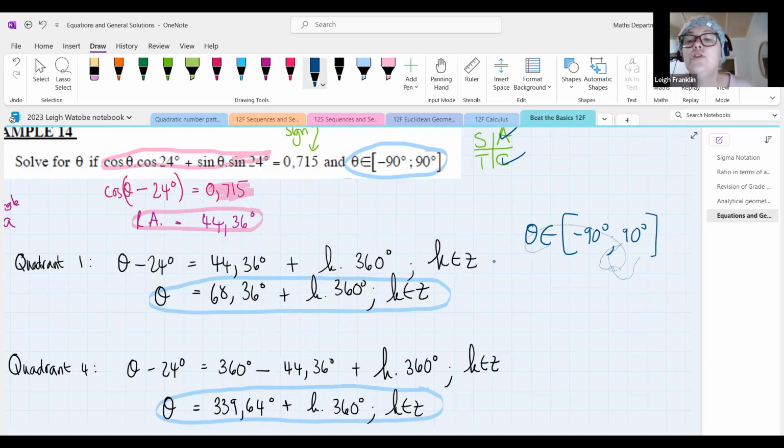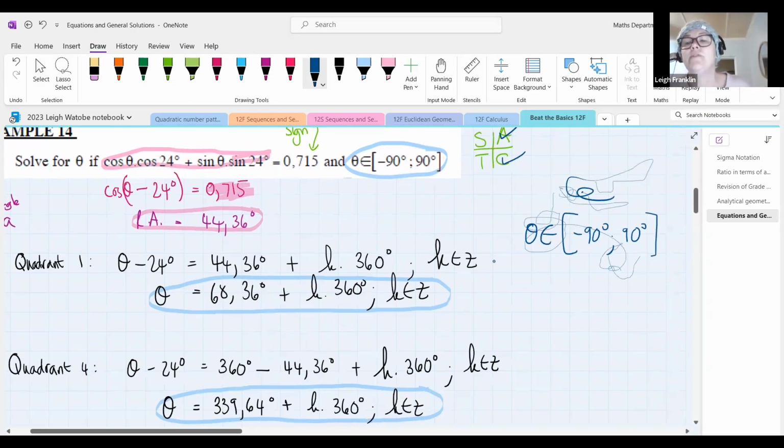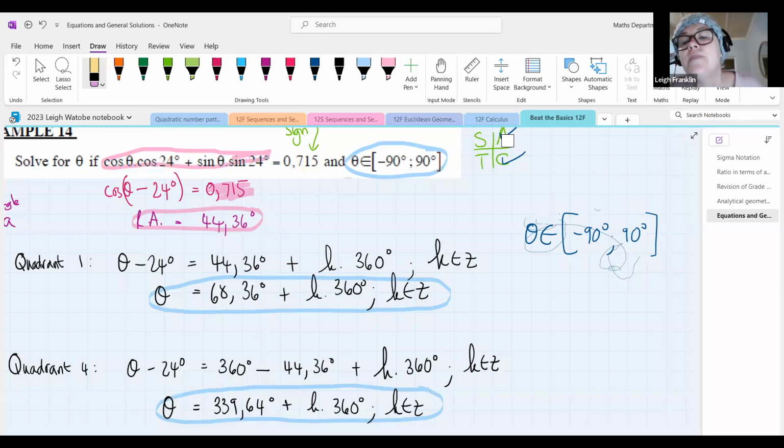So the solution for theta has been restricted, fair enough. We only want those values of theta that are bigger than -90 and smaller than 90, and we are going to use integer values of k in order to be able to do that.